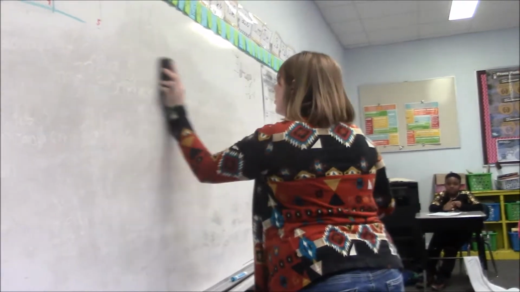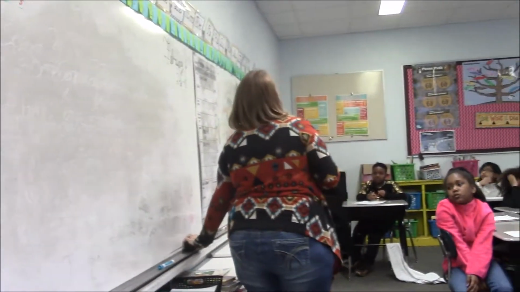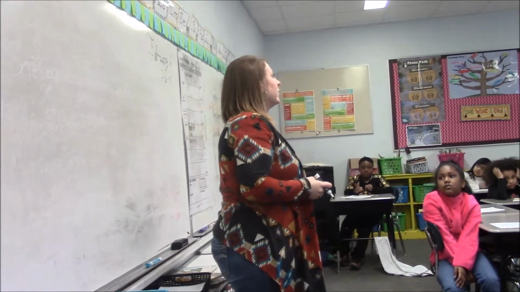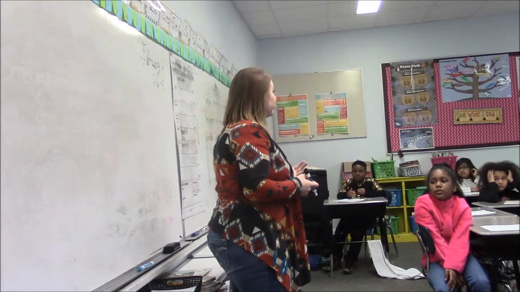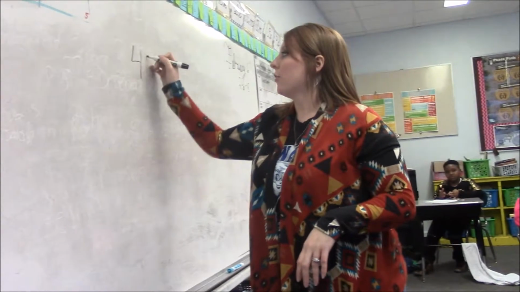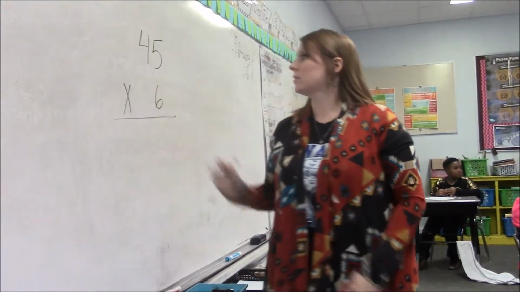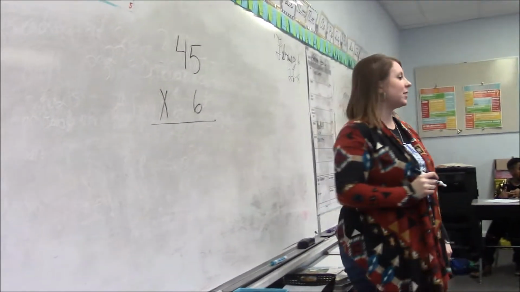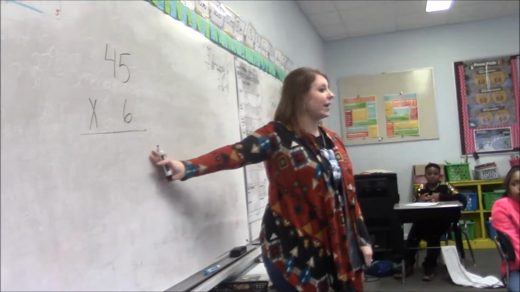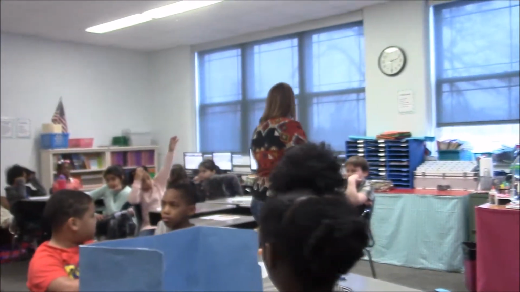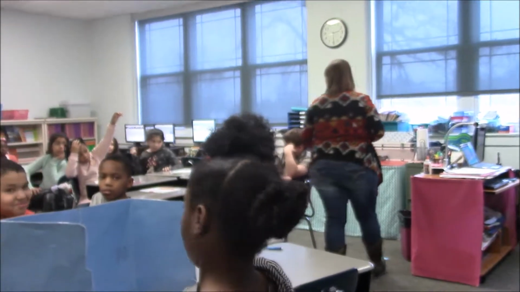Now let's think. What if we had a 2-digit by a 1-digit number? So let's see. 45 times 6. We can write it this way, or how else could we write it? I really like how Keaton is listening.